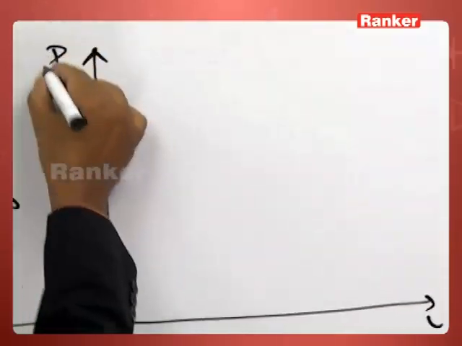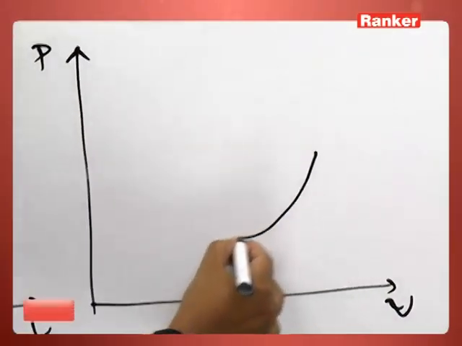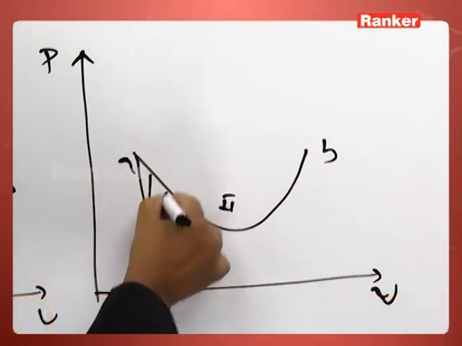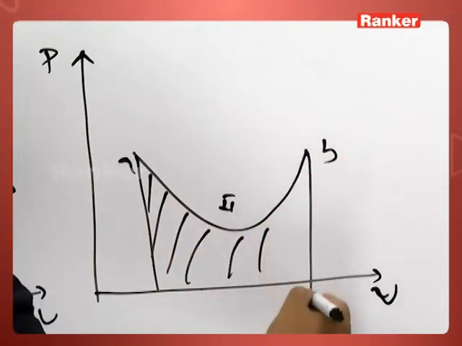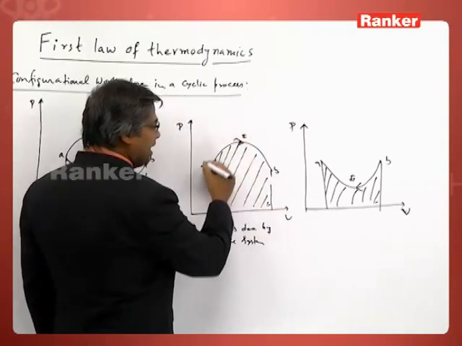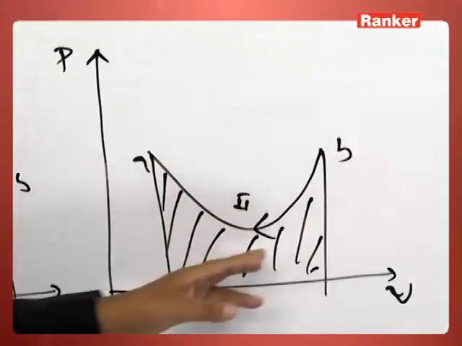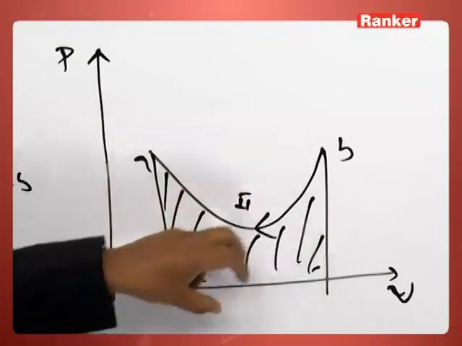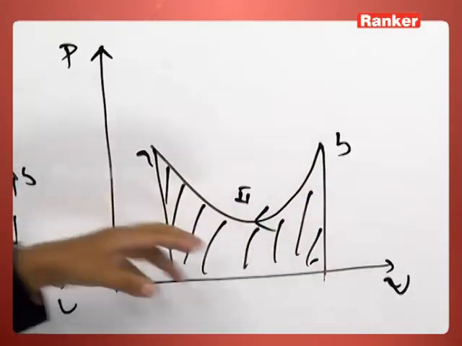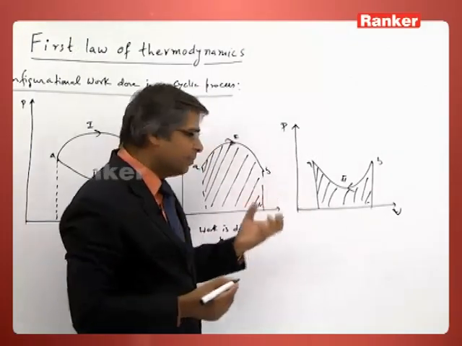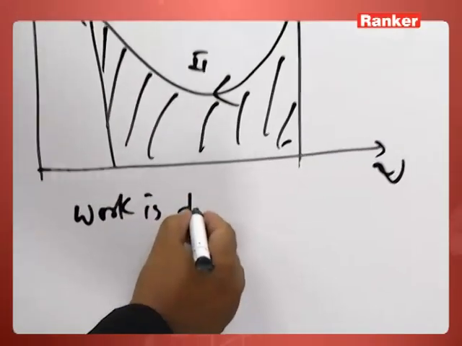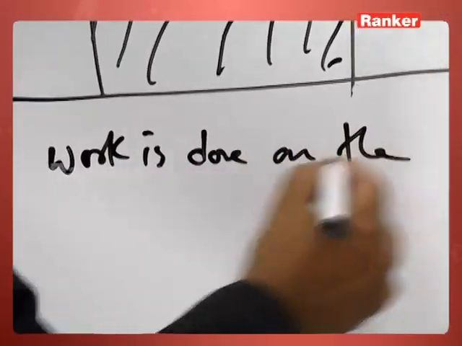When we come from B to A, this is path 2, and the area under the curve is this much. Here you come from B to A, and before I was going from A to B. For B to A, the volume is decreasing, so the system is not doing work, work is done on the system.